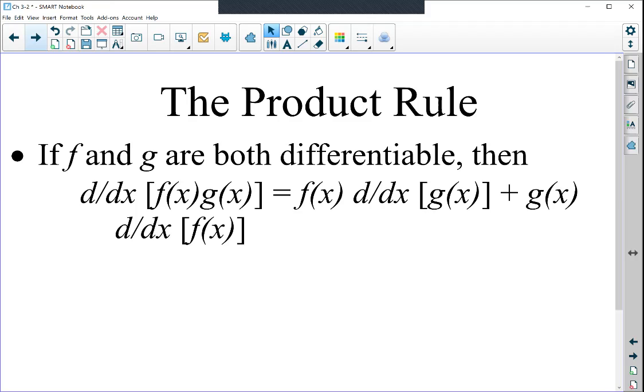I always say it's the first function times the derivative of the second plus the second function times the derivative of the first. That's the way I remember it.